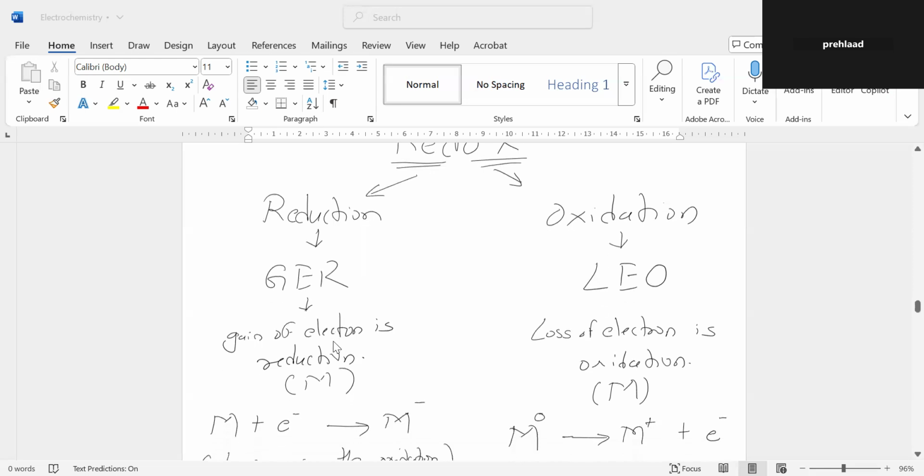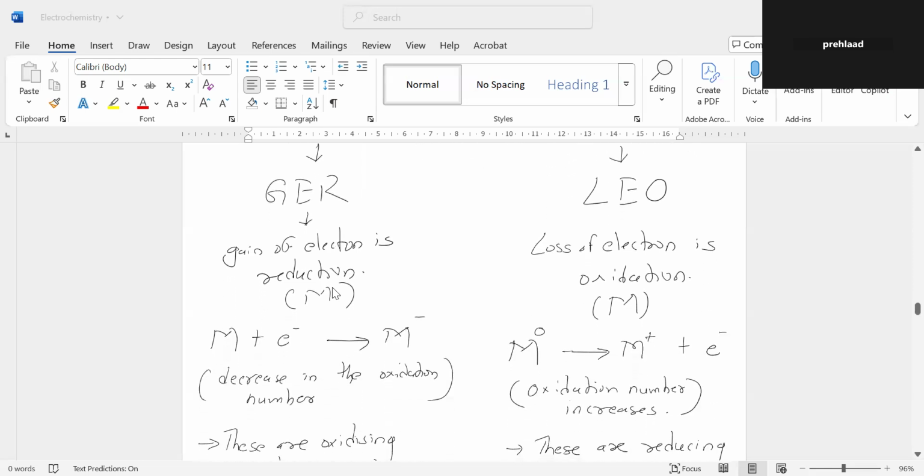So basically, if you have a metal, that metal will take electron and it will have a negative charge. And in case of oxidation, because it is losing electron, the metal, which is neutral, will have a positive charge.